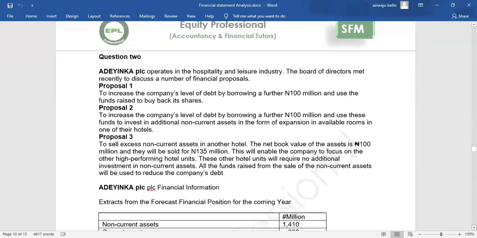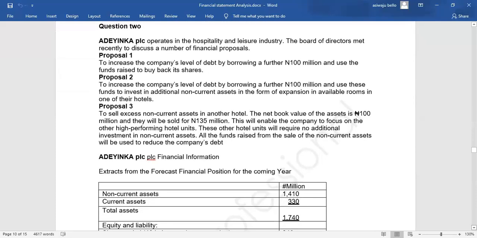Proposal 3. To sell excess non-current assets in another hotel. The book value of this asset is 100 million. They will be sold for 135 million.